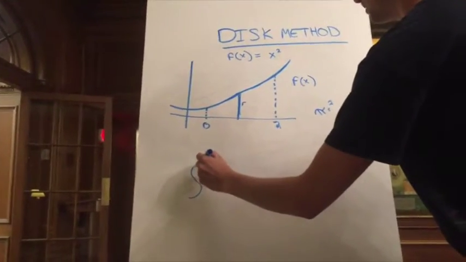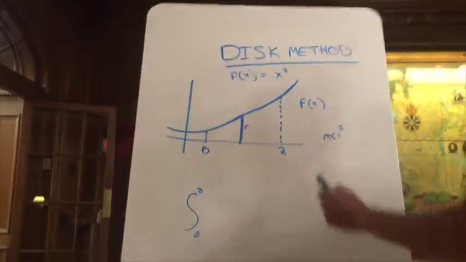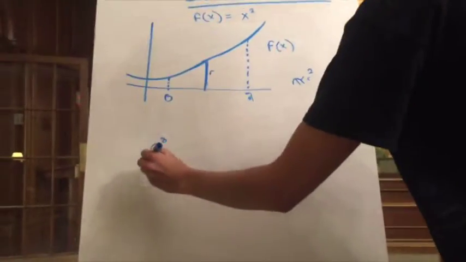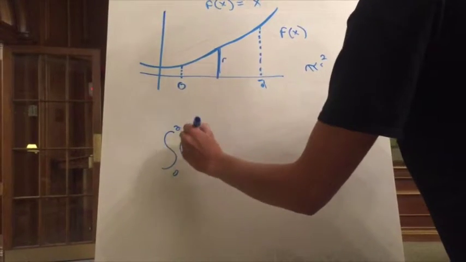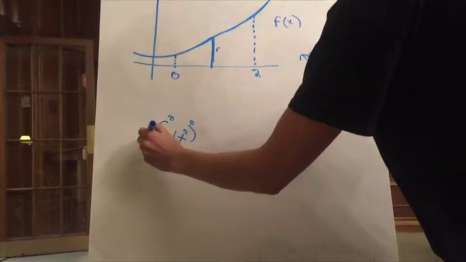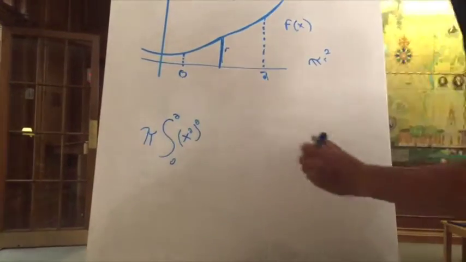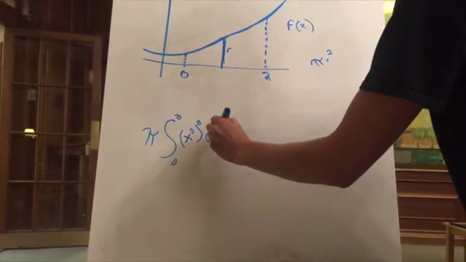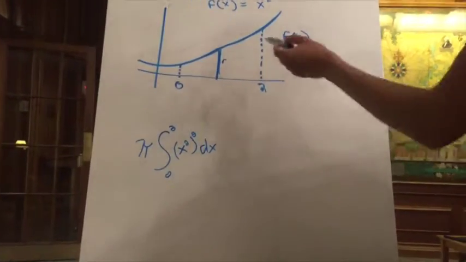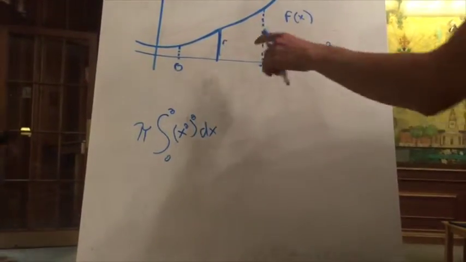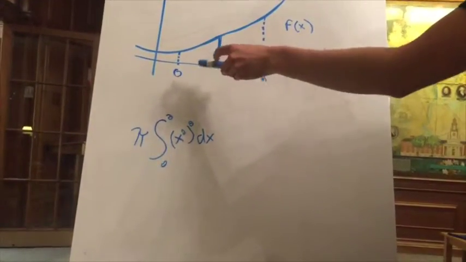The integral will be between 2 and 0, and since f of x equals x squared, we will have x squared squared, because it's r squared, the whole thing multiplied by pi, dx. So if we solve this integral through, we'll have the volume of revolution between points 0 and 2.